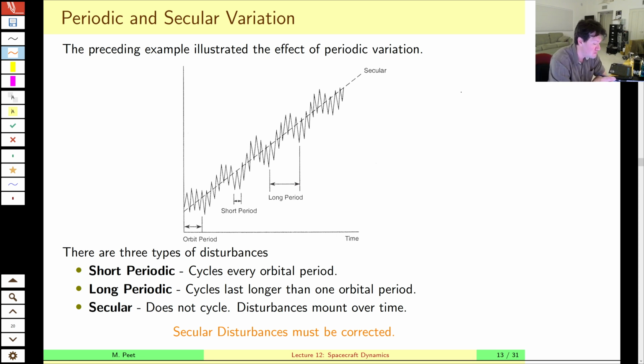What we saw in the last slide was what's called a short period perturbation.